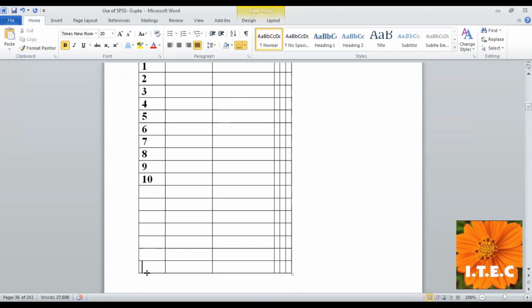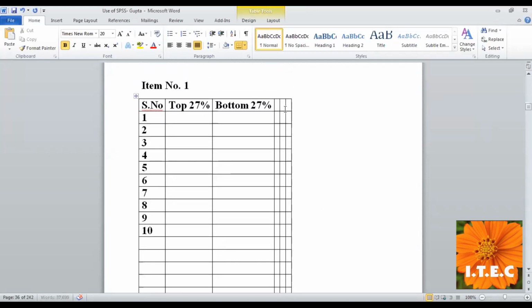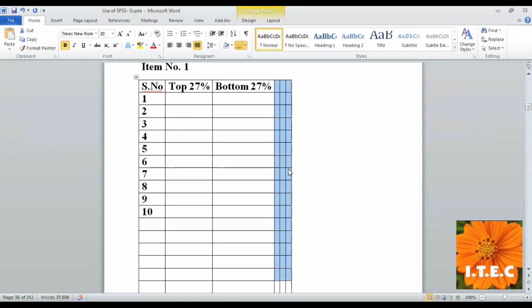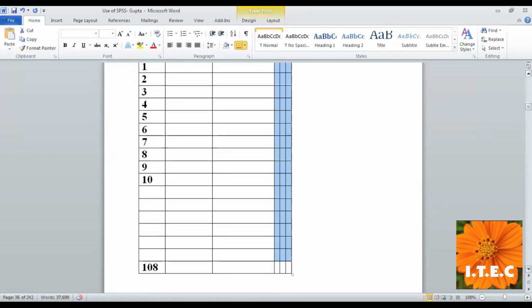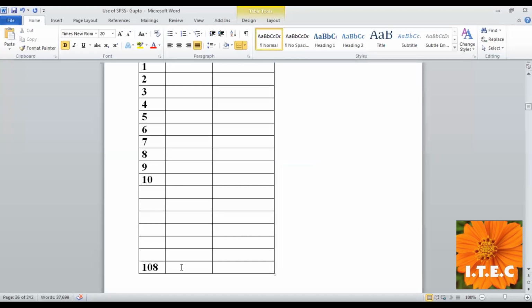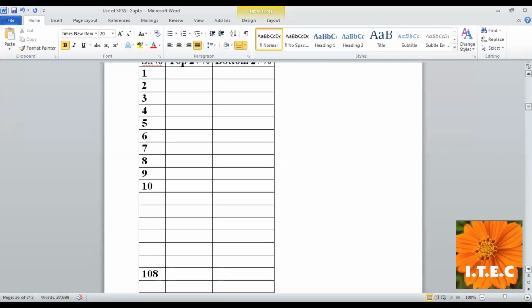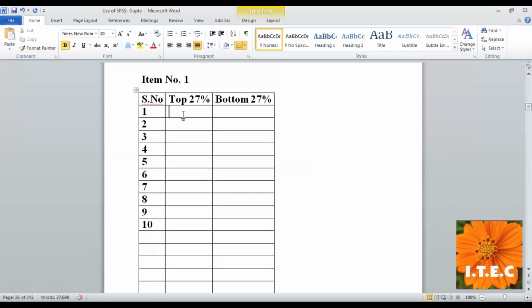So there are 108 people. So you know the score, which if it is a scale, do you want me to take a 3-point scale or 5-point scale?